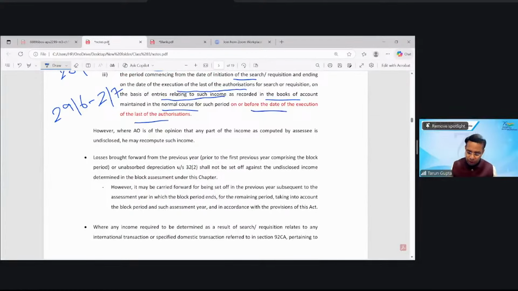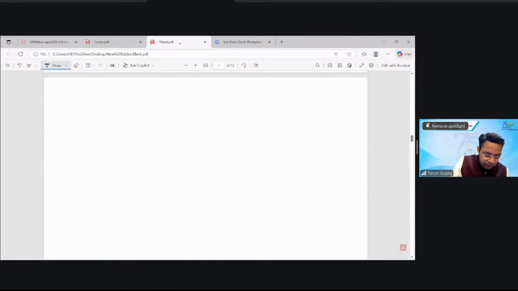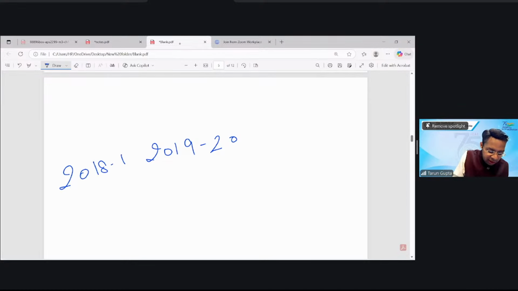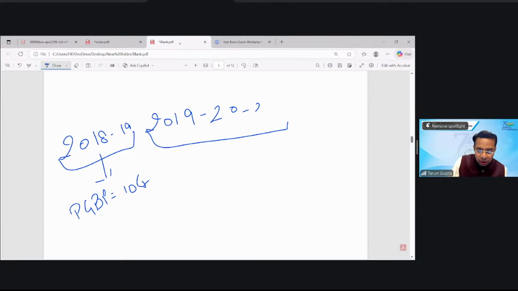Okay, one more thing. What the law says: assuming my block period starts from 2019. Assuming for financial year 2018-19 there was a loss under the head PGBP of rupees 10 crore, which I carried forward for 19-20. Now for these 6 years, 2019 to 24-25, the question comes, can I set off this loss in these 6 years?